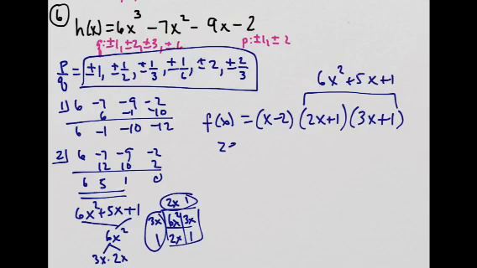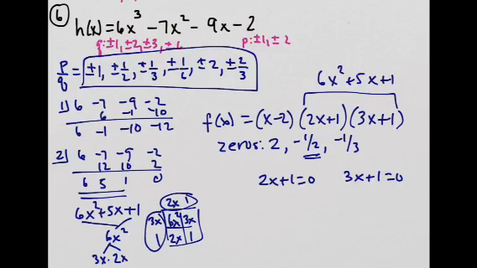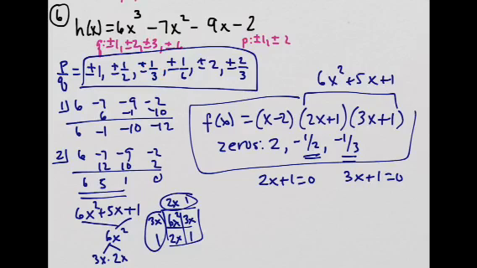So the zeros are 2, negative 1/2, negative 1/3. And again, if you have trouble seeing the negative 1/2 and negative 1/3, don't worry. Just write out 2x plus 1 equals 0 and 3x plus 1 equals 0 and solve each equation. So this is the final answer, the factored form and the zeros.